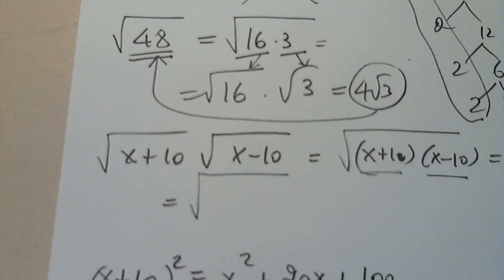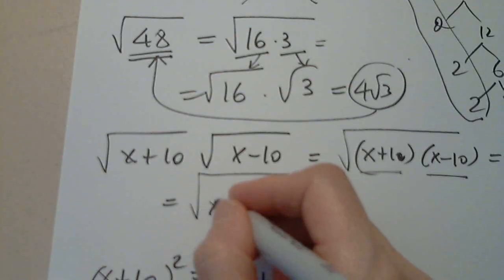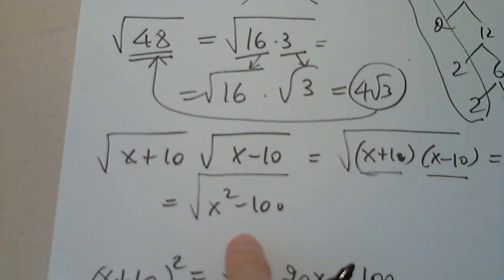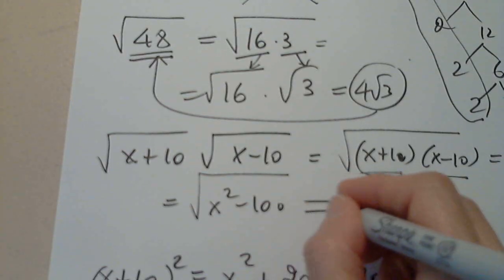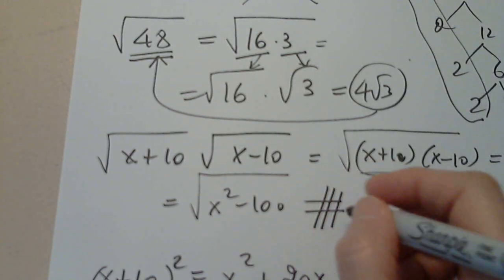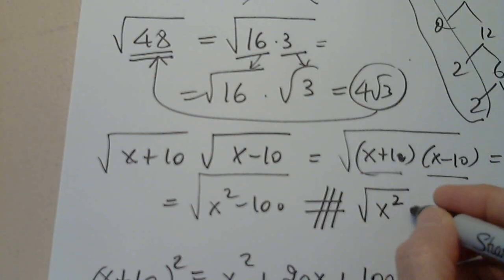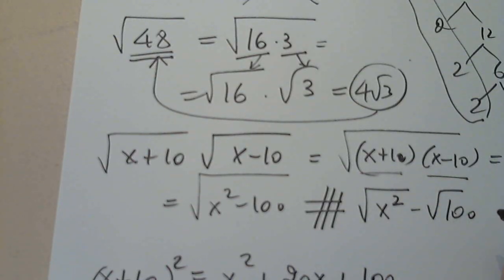I don't think we know. Can you tell us? Sure, it's x squared minus 100. X squared minus 100 factors into x plus 10 times x minus 10. I know you know this because you answered my questions all the time on the difference of squares. And what I wanted to make sure is that no one will ever, ever, ever write the square root of x squared minus the square root of 100.